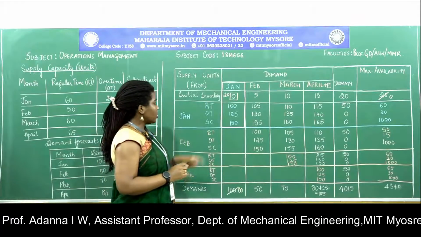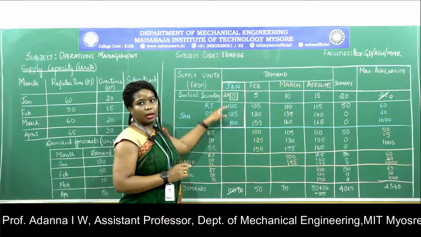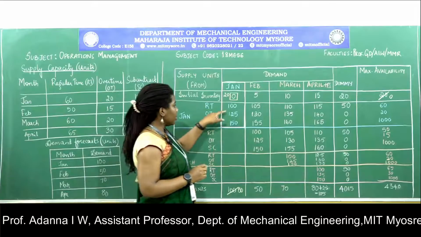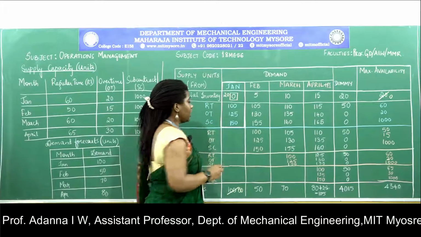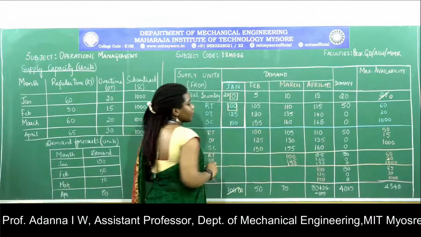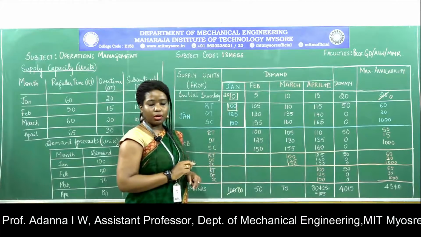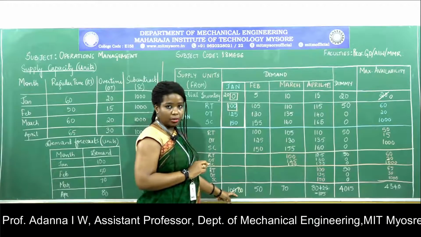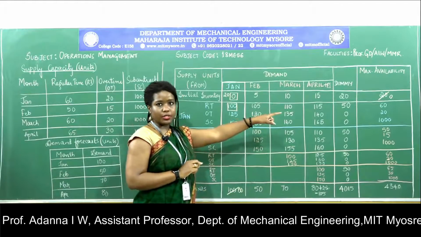Next, you pick up the next least element among the costs here, 100, 125, 150. So 100 is the least. You put a box around 100. Compare the supply and the demand for 100. The demand is 80 units, but we have supply only of 60 units.